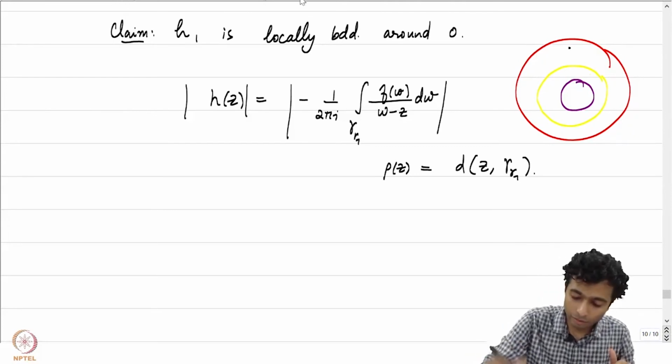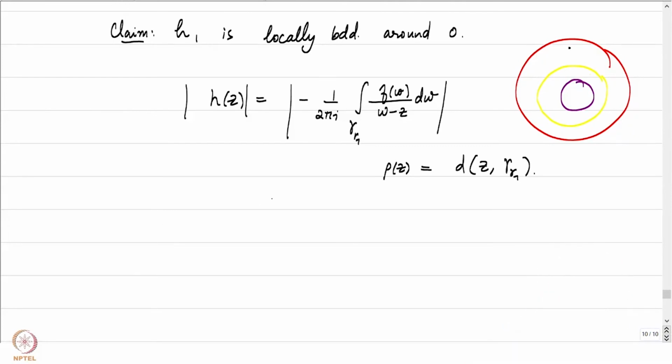So hence, what do we have? This tells us that this is going to be less than or equal to M times the arc length of gamma r1, which is 2 pi r1, by 2 pi times the distance of z to gamma r1. Notice that gamma r1 is a fixed circle, so the 2 pi is cancelled out.